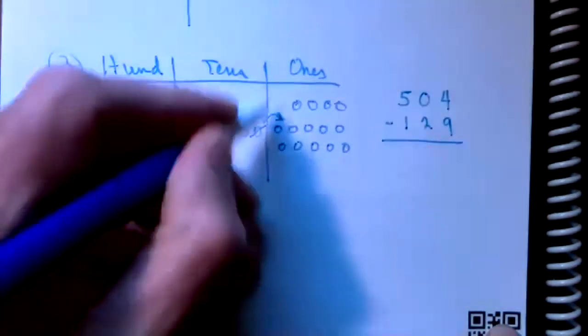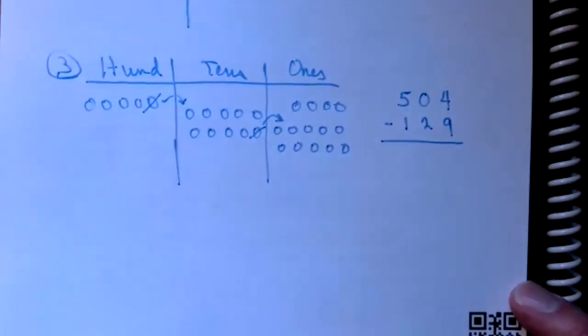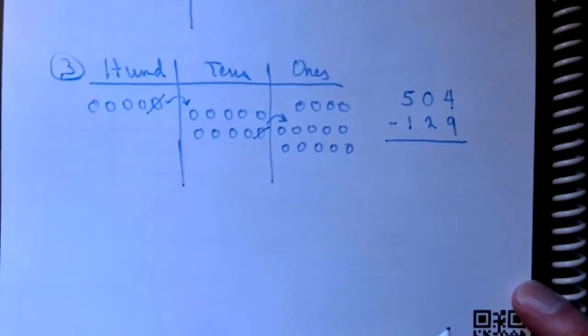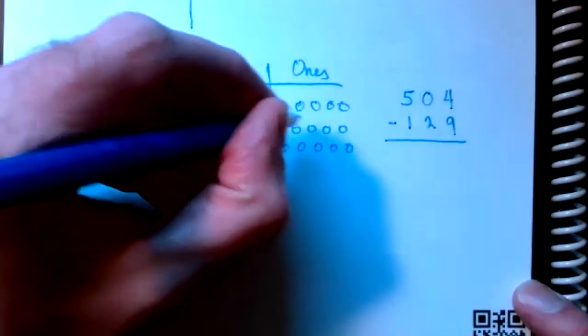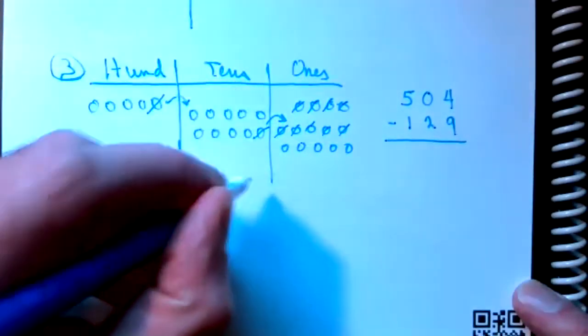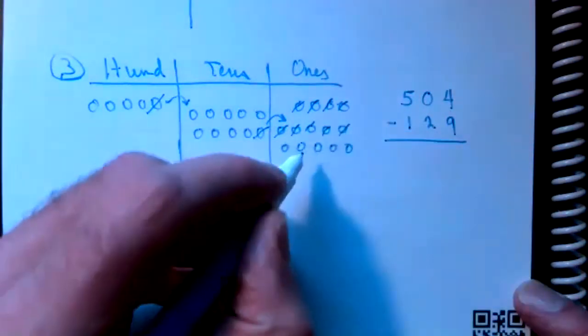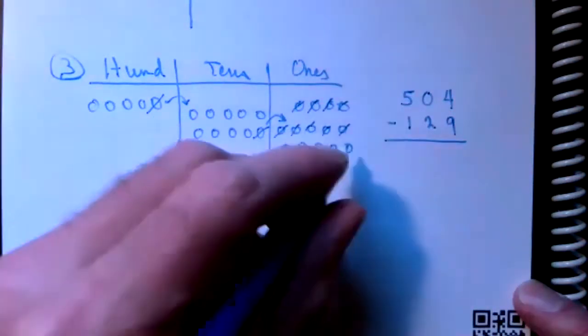Okay, what would I do in the ones tray? Cross out 9. I would cross out 9. So 1, 2, 3, 4, 5, 6, 7, 8, 9. Okay, now let's keep track of this as we go. Remember what we had to do.